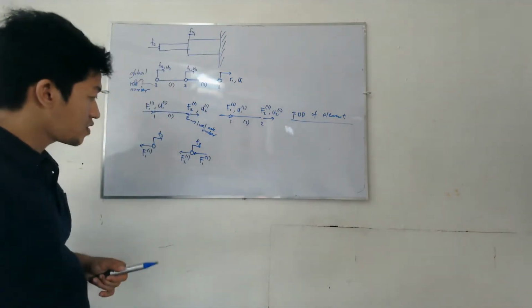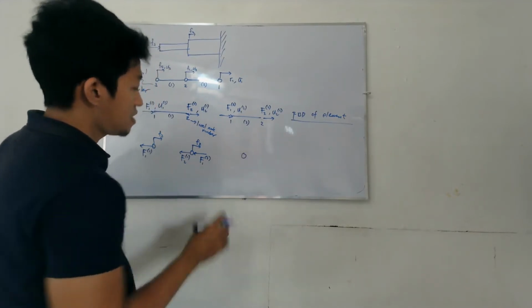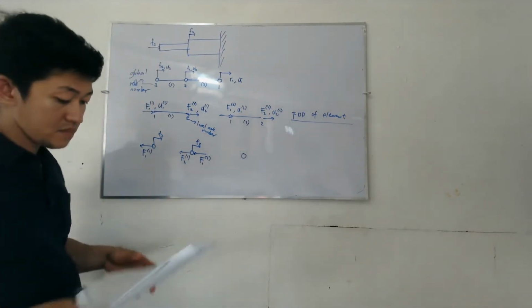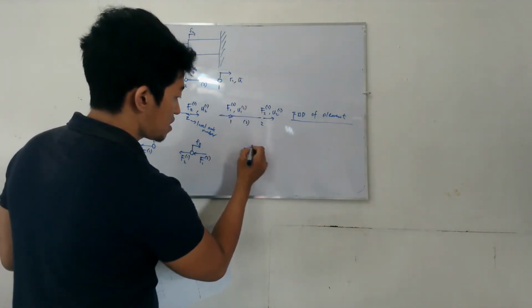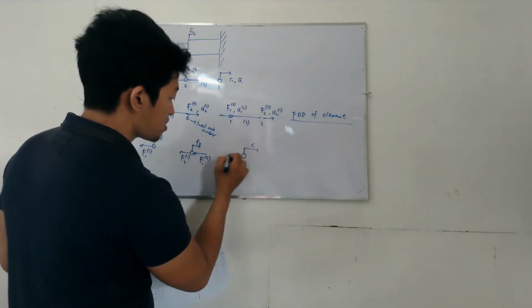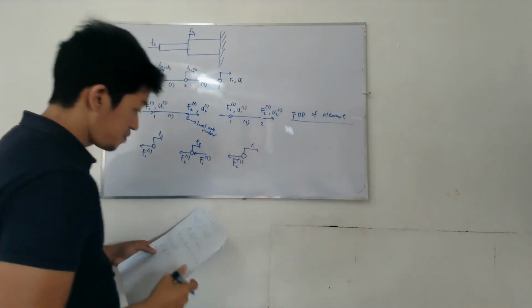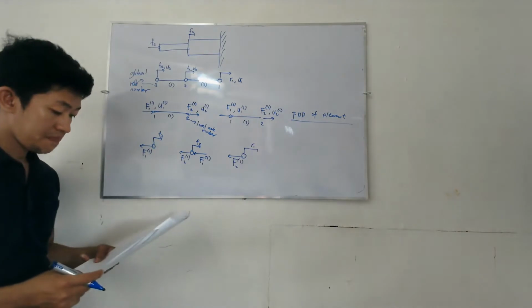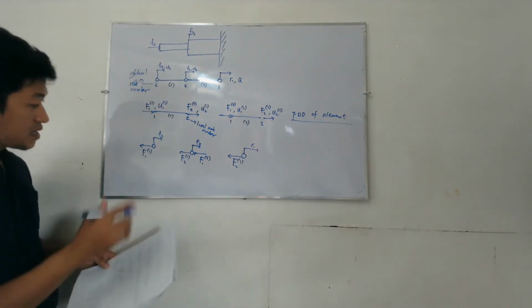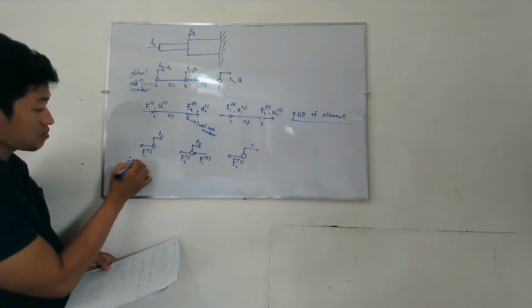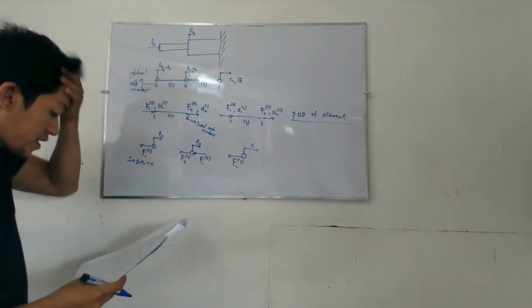Okay, so for node 3, you have R1, the reaction, and F2 of 2. So we will now apply equilibrium. Summation of forces along x equal to 0.